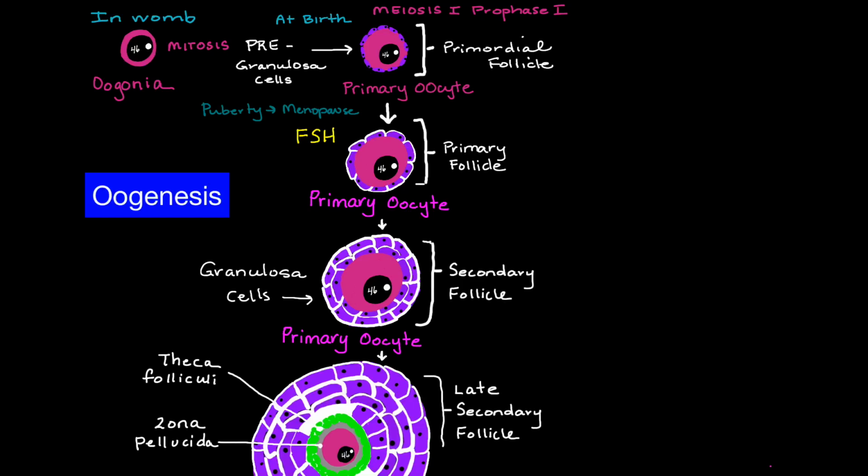The other thing that's different is that in the late secondary stage follicle, the oocyte secretes a glycoprotein to form this little membrane called the zona pellucida. That's in grayish. We also see a layer of connective tissue and epithelial cells, these theca folliculi.